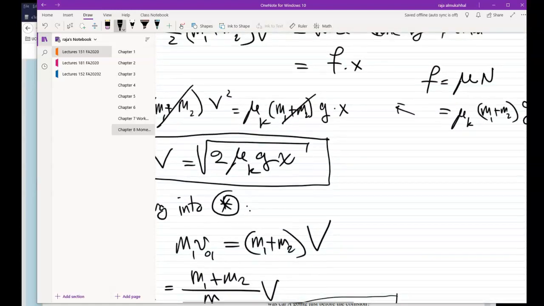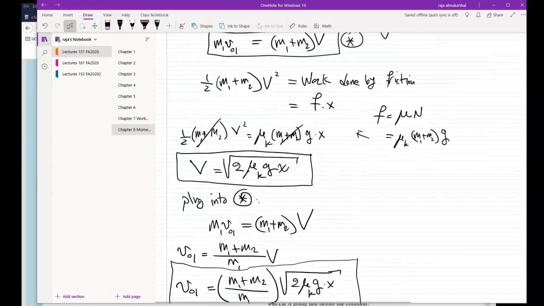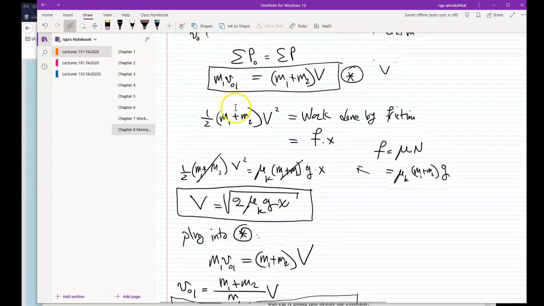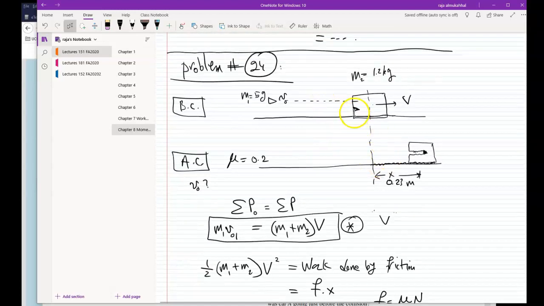So the hard part about this problem is to see that at the moment the bullet enters the block, the bullet-block system has gained kinetic energy. That kinetic energy converted into work to move the block all the way to a certain distance right here.